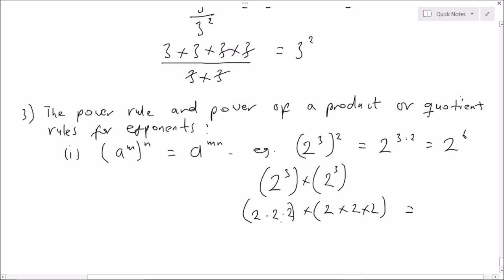And simplifying this gives us 2 times 2 times 2 times 2 times 2 times 2, which gives us 2 raised to 6. Hence, we see that if you have 2 raised to 3 or exponent 2, you can simplify by just multiplying their exponents, that is 3 times 2 to get 2 raised to 6, without expanding as I have done below.